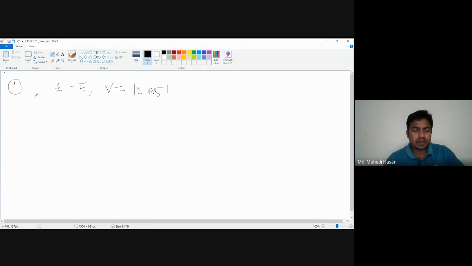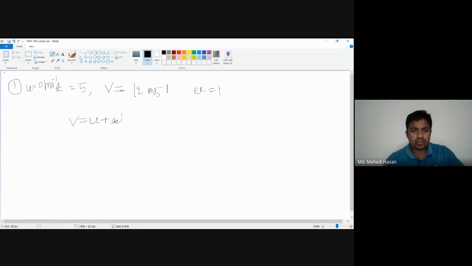Initially the object is in a stationary state, which means the initial velocity is 0, so u equal to 0 meter per second. Now to find the acceleration, we have to use the formula v equal to u plus at.